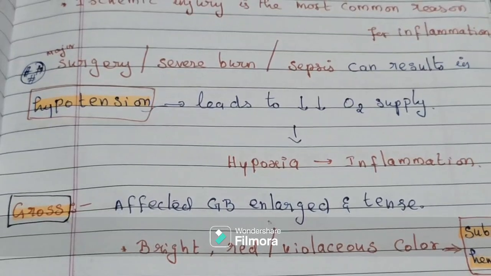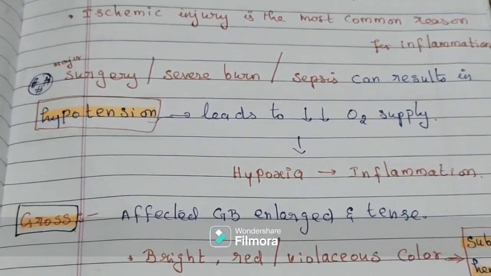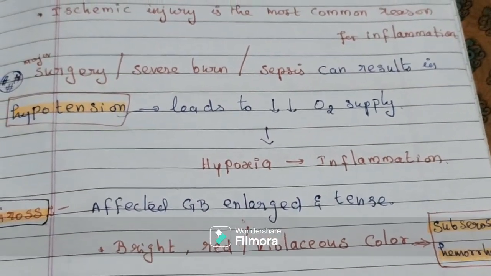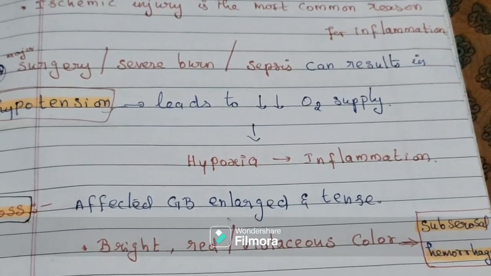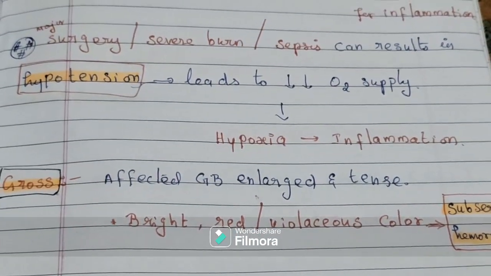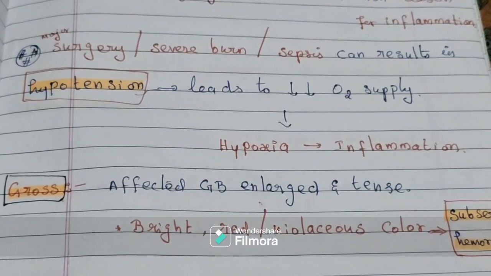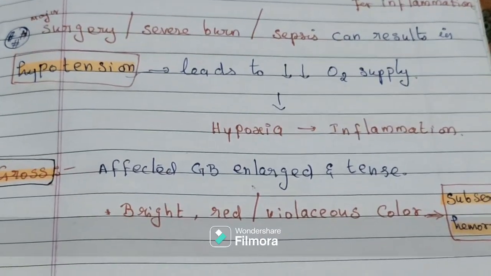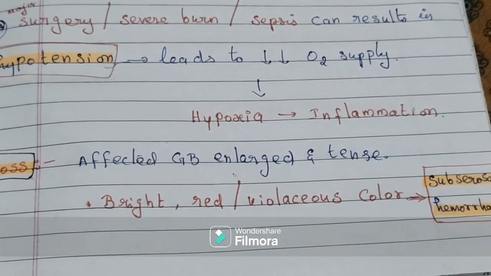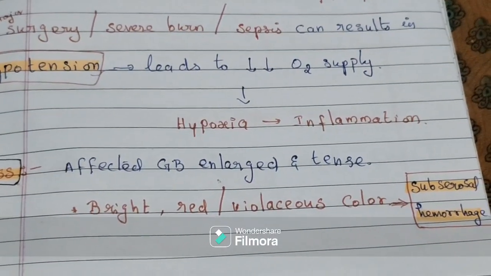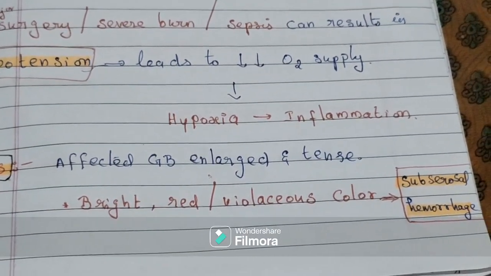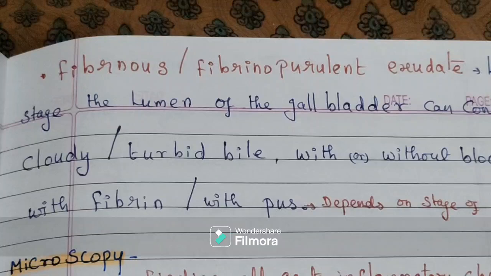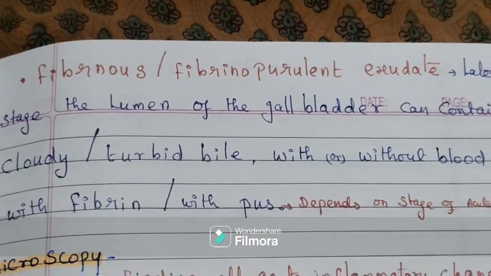Both types, whether calculous or acalculous, resemble each other except that stones are present in the calculous type. On gross examination, the affected gallbladder is usually enlarged and sometimes bright red in color because of various tiny subserosal hemorrhages. In the later stage, we can have fibrinous exudate.